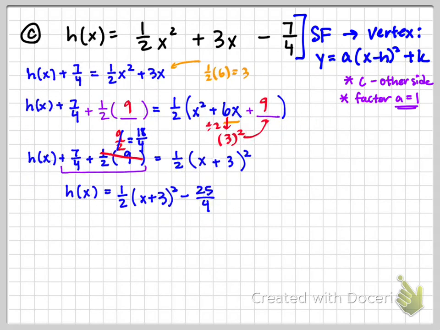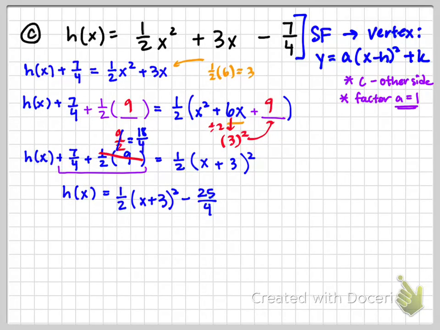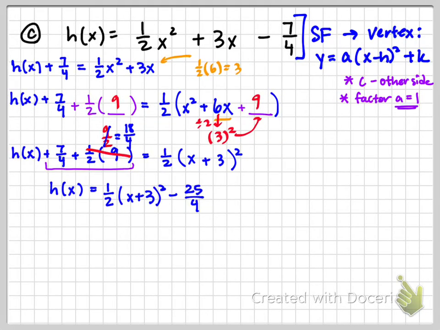Now, from here, things that we could conclude, right? What could we conclude from this? Well, first, we could sketch it, knowing that we're going to be at -3, -25/4 is going to be our vertex. Again, how did I know the vertex was that? Because I know the h and k, so the vertex, we'll put it over here, is going to be -3, -25/4.